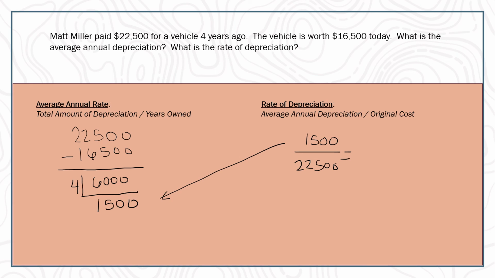And if I were to calculate that out, that's going to give me the decimal 0.06667. And when I'm looking at this, it says it's going to want the rate in a percentage. So this is in decimal format. I want to put this in a percentage format. So I'm going to multiply this by 100, and that's going to equal 6.67%.